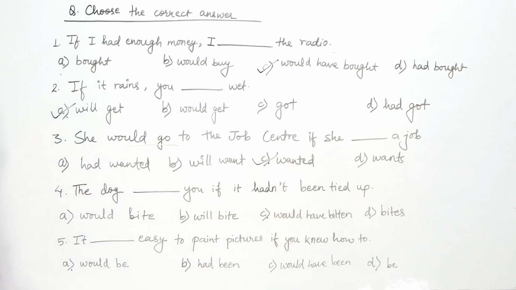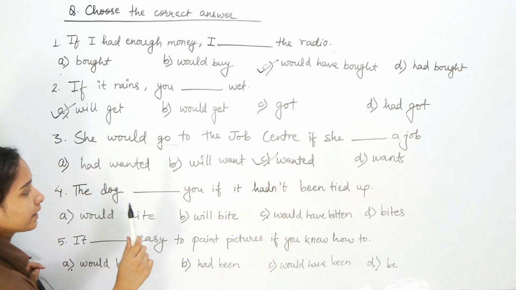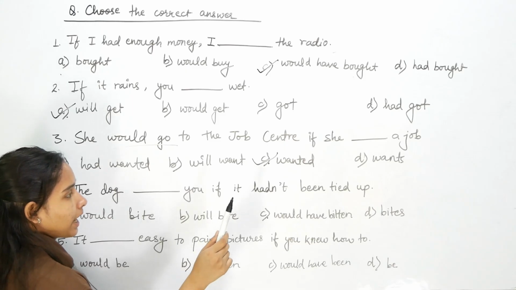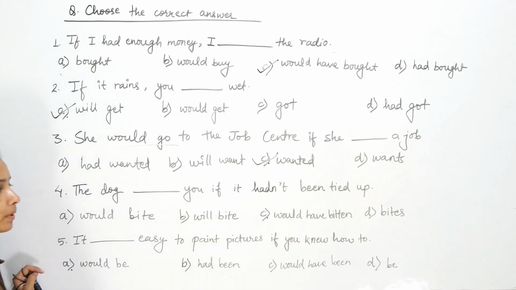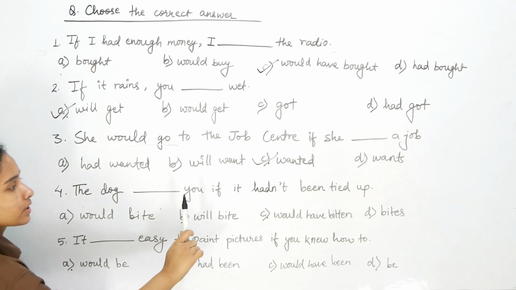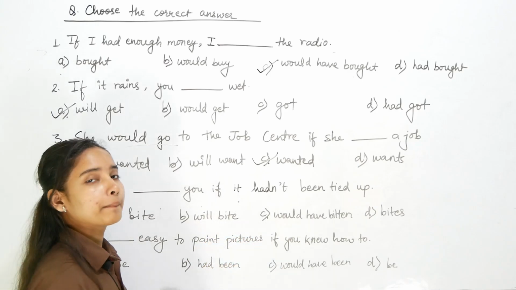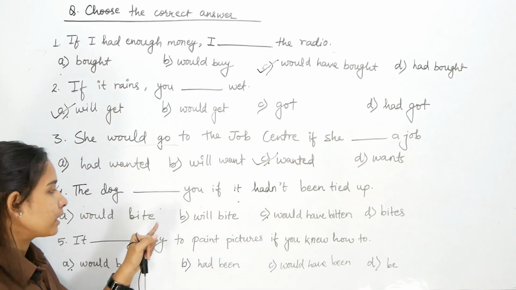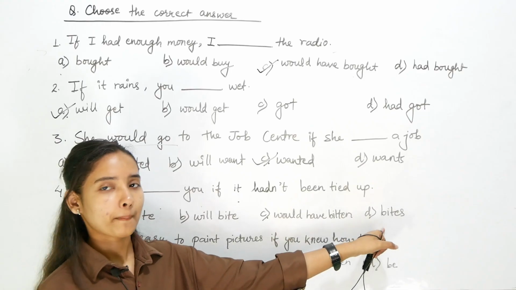Moving on to the fourth question. The dog dash you if it hadn't been tied up. Again, this is like the first question that we had. The dog dash if it hadn't been tied up. Would bite, will bite, would have bitten, bites.